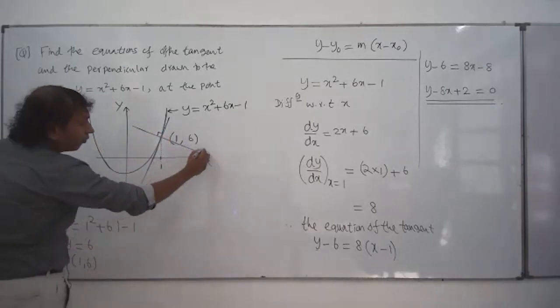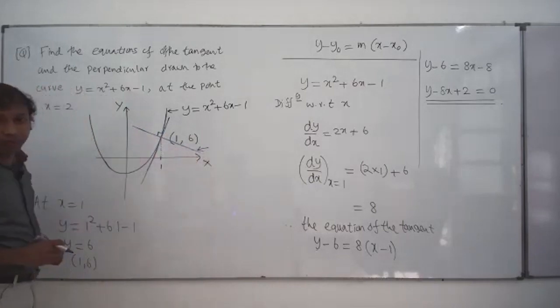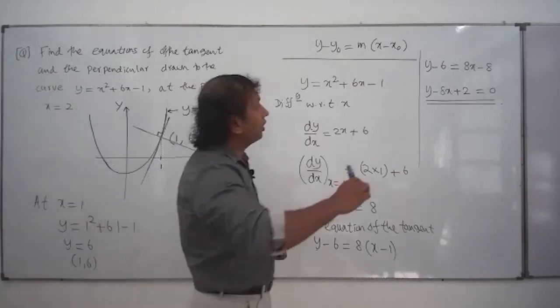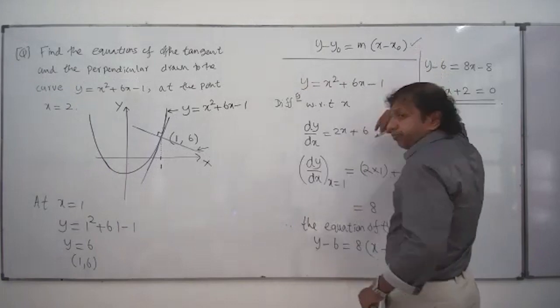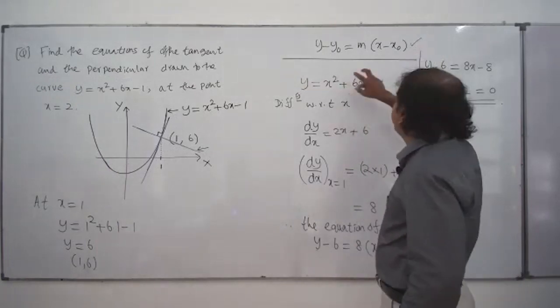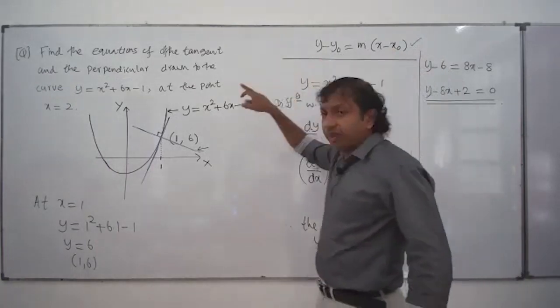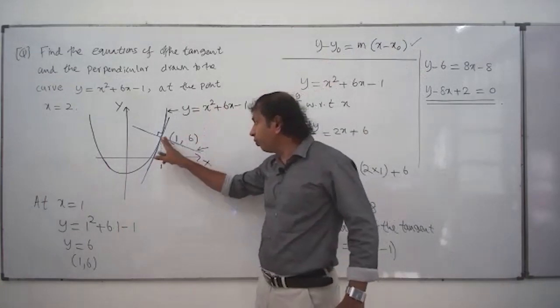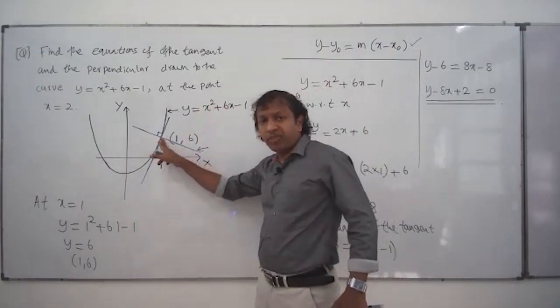The equation of this perpendicular line also we can find by using this one. Again, the same x naught, y naught we can use, because this perpendicular also passes through the point 1, 6. X naught is 1, y naught is 6.